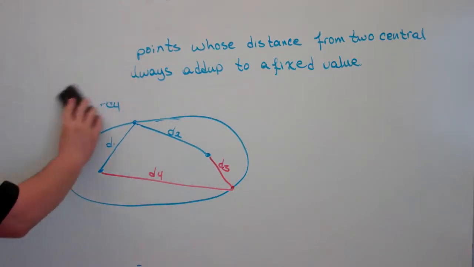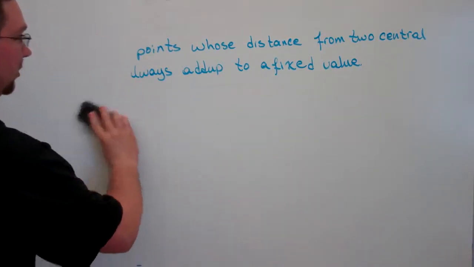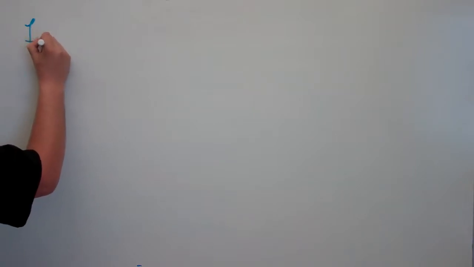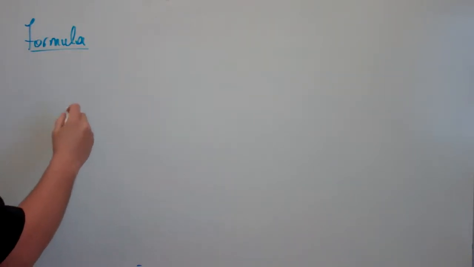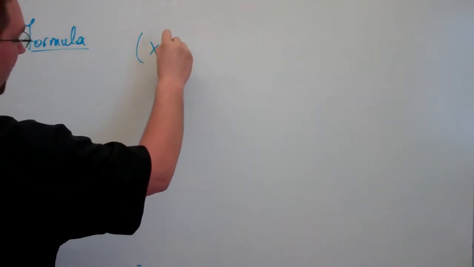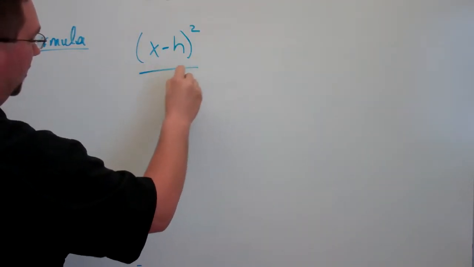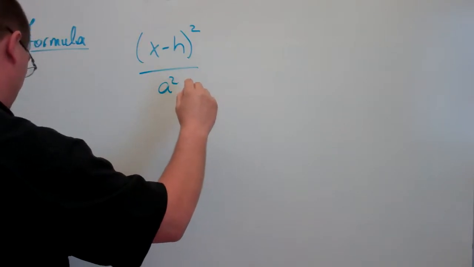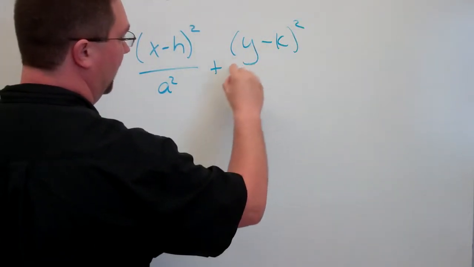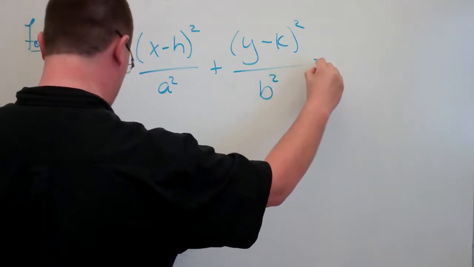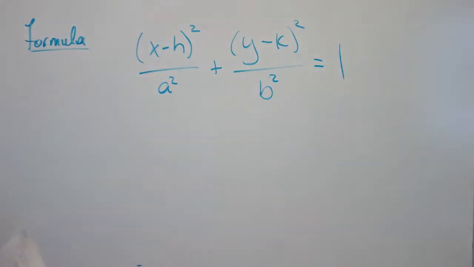Now, what is the formula for an ellipse? Well, now you should have that chart. So you should know that the formula for an ellipse is (x minus h) squared over a squared plus (y minus k) squared over b squared equals 1.